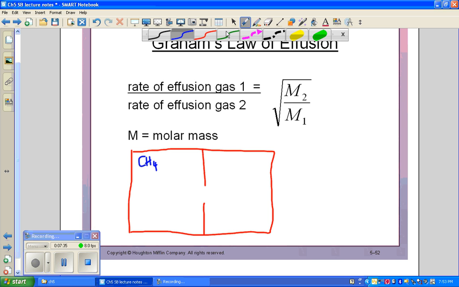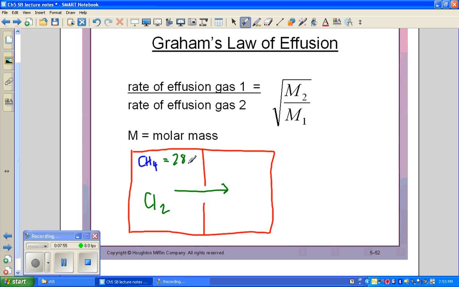And the other gas is chlorine gas. Now you can recognize that they have different mass numbers, so they are going to try to travel through my gas chamber. Methane has a molar mass of 28.0, and the mass of chlorine is going to be 71.0.